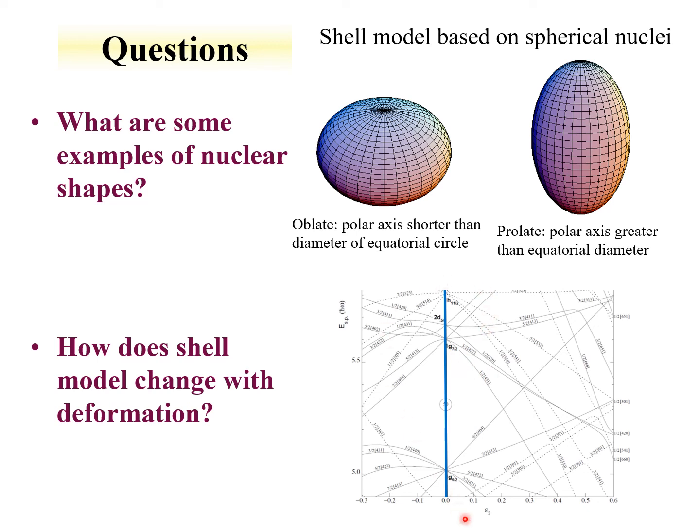If you've taken inorganic chemistry, you've seen Tanabe-Sugano diagrams, and you'll see the same sort of behavior. What we can see from this is that oblate nuclei are going to tend to lie on this side of the line that defines the spherical nuclei. So on the left side will be oblate, and the prolate will land on the right side.